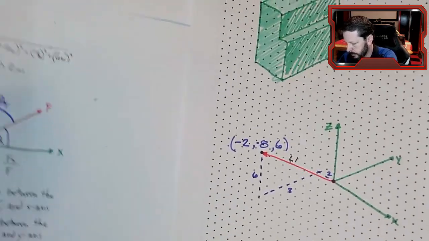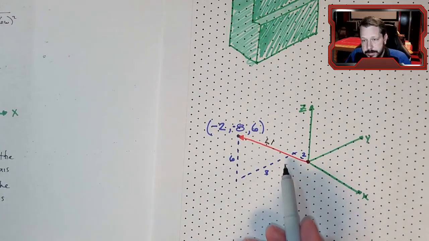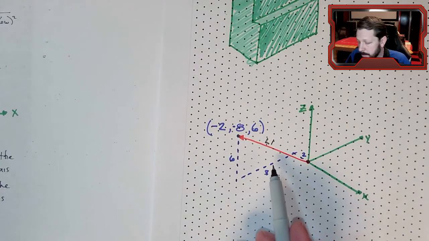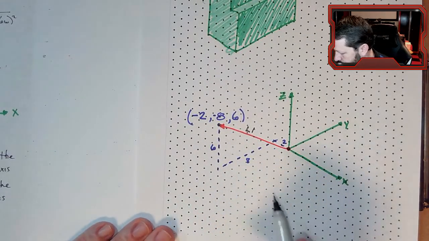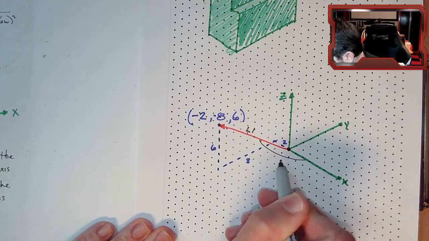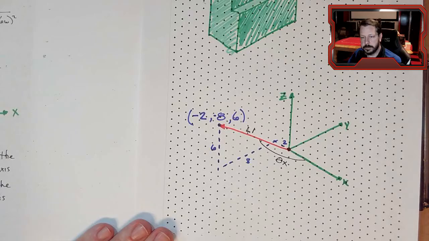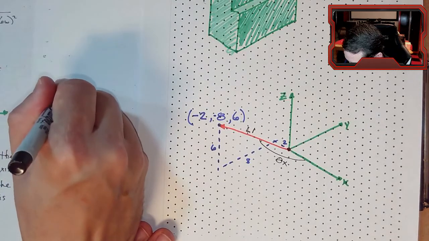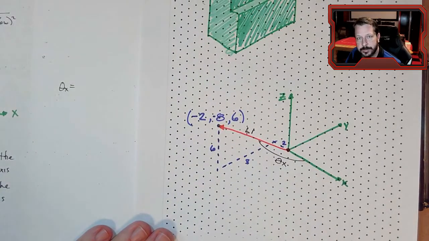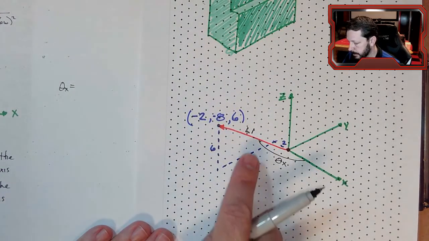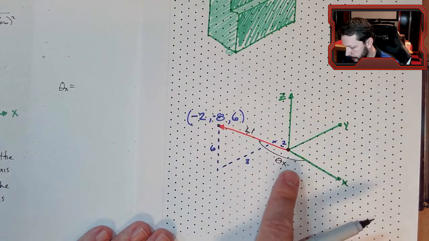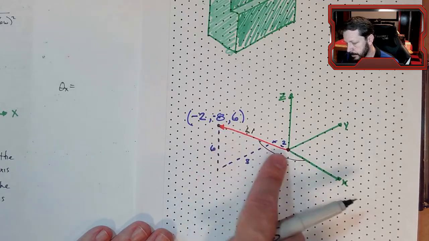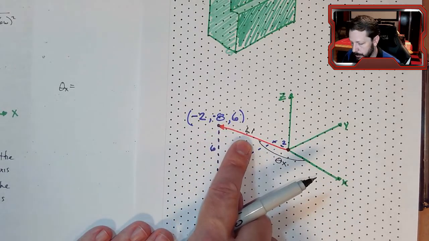So when I do that, theta x over here would be the same definition, the angle between the force, the red line, and the x-axis. Now it's going to be hard for me to draw, but you know, something like that. Theta x. And theta x is going to equal the same thing it equaled in 2 dimensions, where it is the x component of this force divided by the hypotenuse, the length of the red line, what I have labeled as L1.